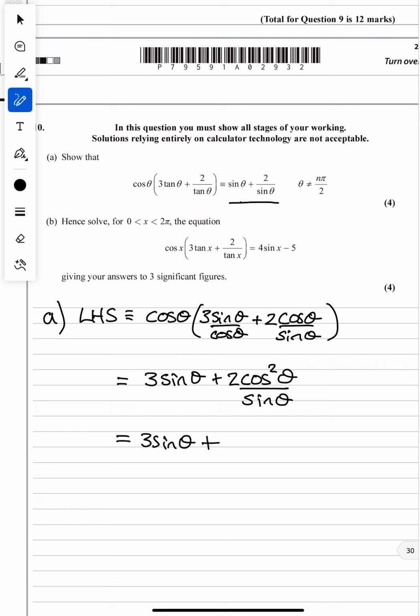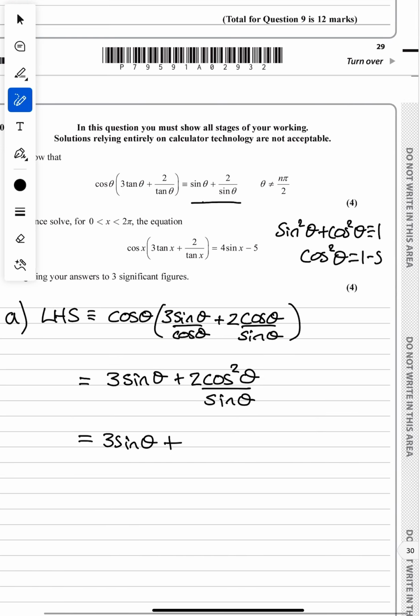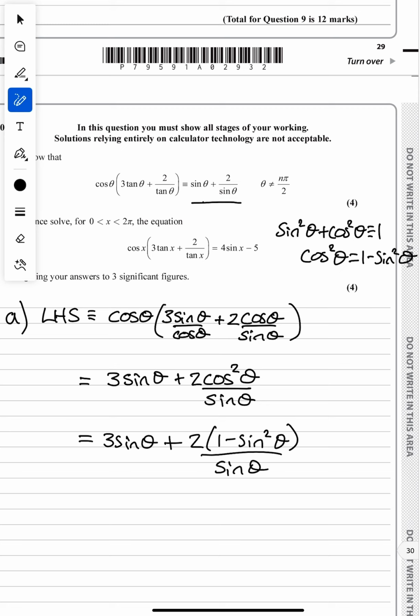But I know, because of the identity sine squared theta plus cos squared theta equals 1, I can rearrange that to make cos squared theta 1 minus sine squared theta. So this is now 2 multiplied by 1 minus sine squared theta, all divided by sine theta, so I'm getting closer. 3 sine theta, let's expand the brackets, so plus 2 minus 2 sine theta over sine theta.